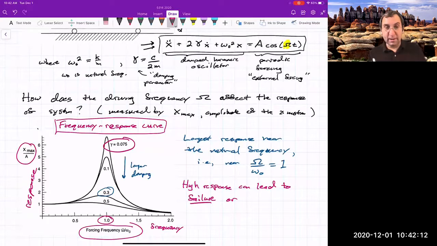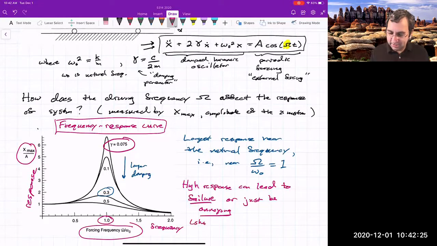You found it experimentally by a frequency response curve. Or it could just be annoying, things shaking, shaking of your car at resonant speeds.